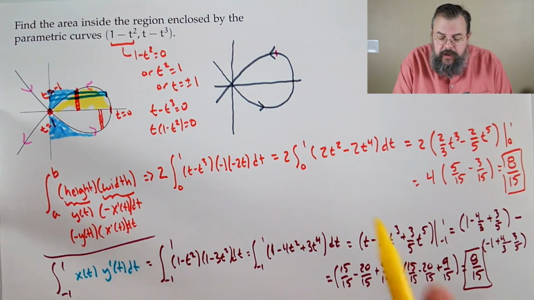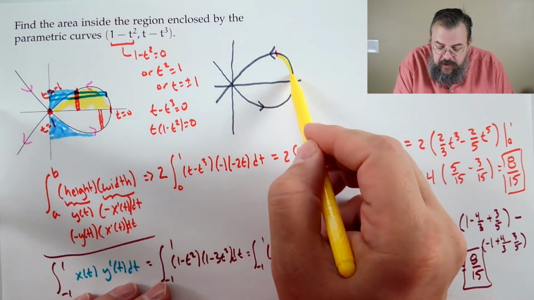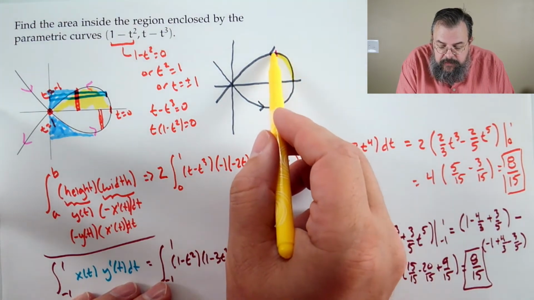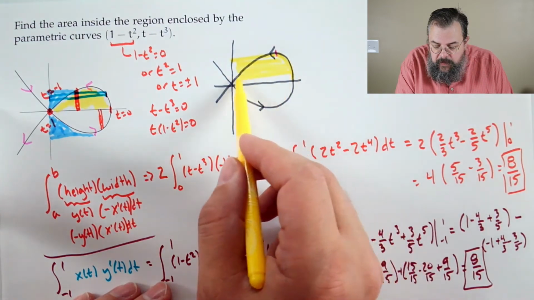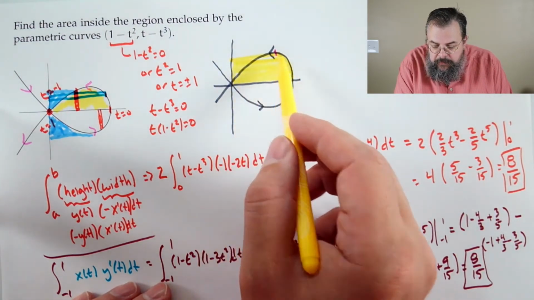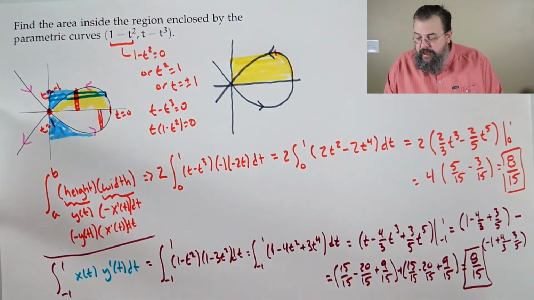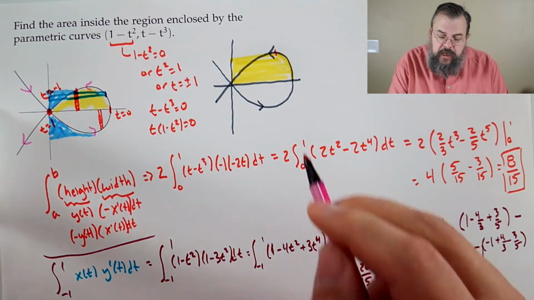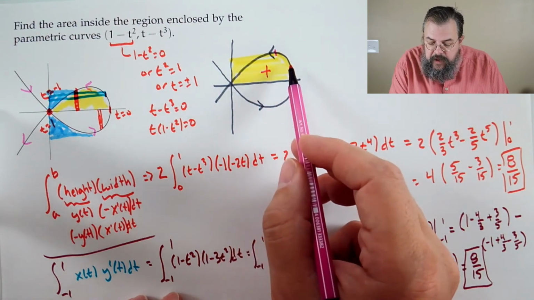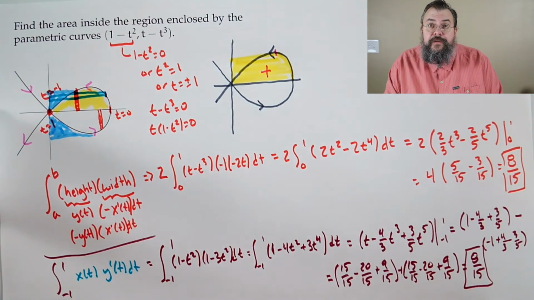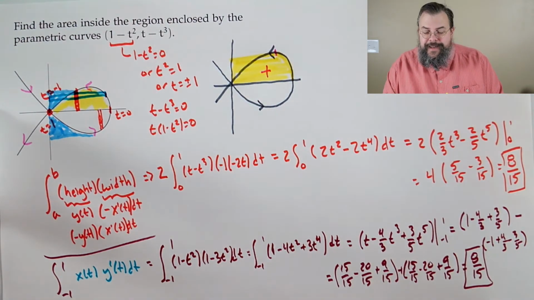When I'm coming along this piece, I'm going to compute the area all the way to the x-axis. And that's going to be positive because x and y prime is positive. So it's positive area.